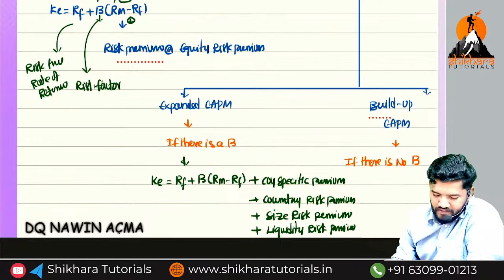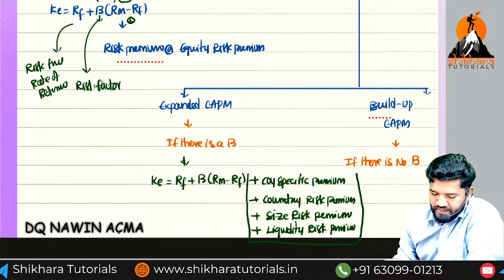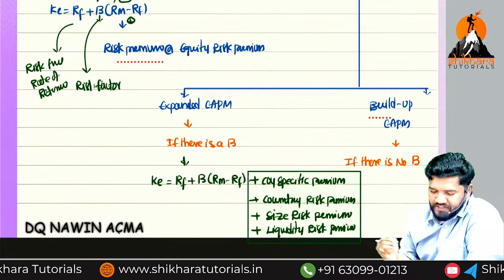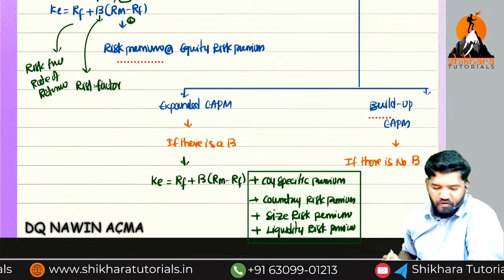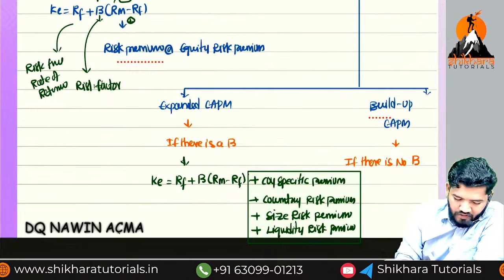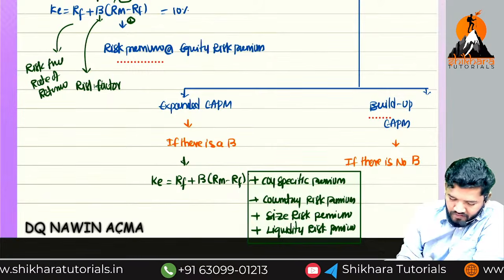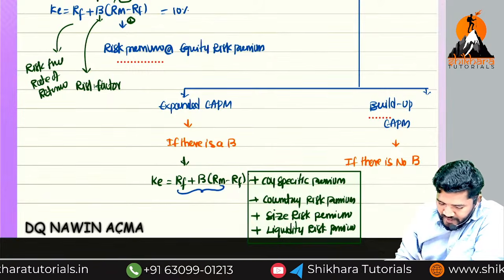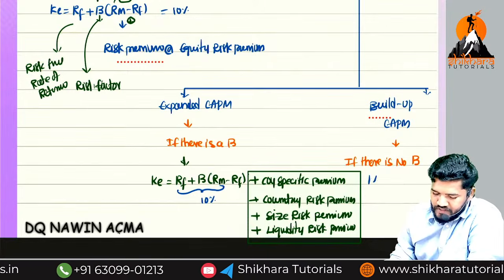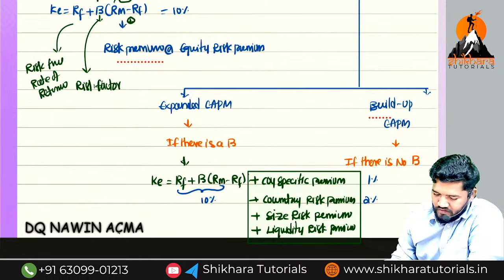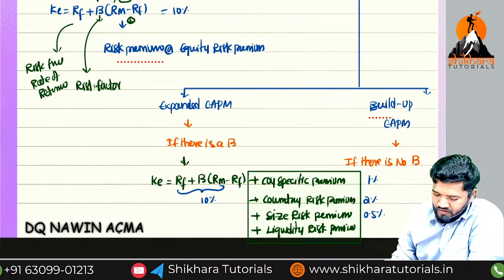If we consider all these premiums, it is called realistic KE calculation. Guys, clear? For example, here the answer is 10%. Now the premiums are 1%, 2%, 0.5%, 3%.